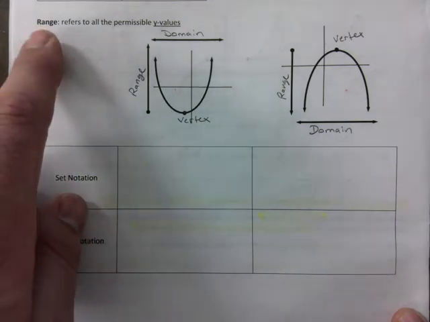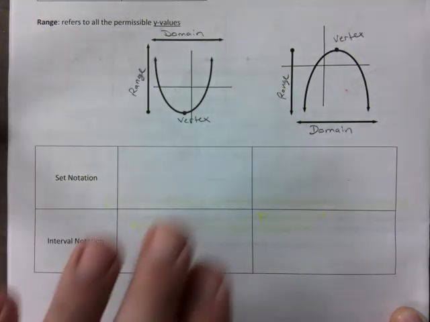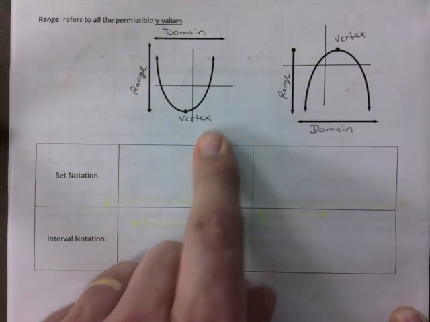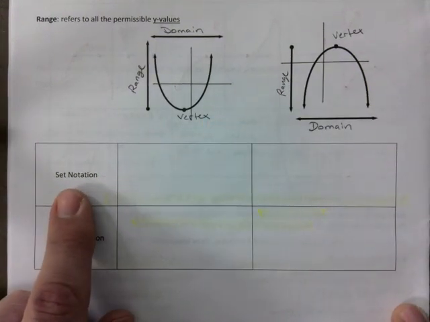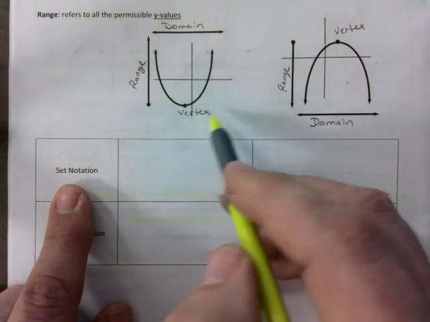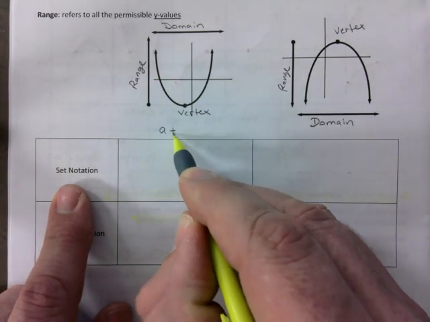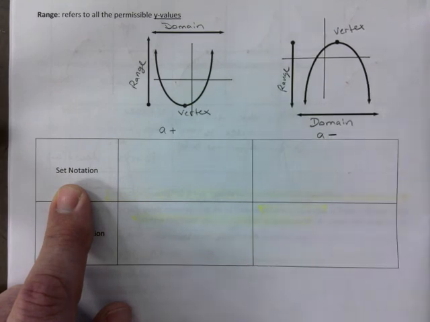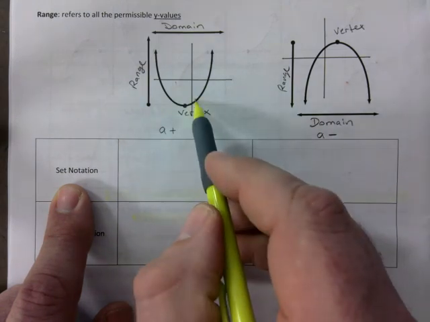However, if you're talking range, there are two different scenarios depending on where it's pointing, okay? Here A is negative, right? So you can either look at the value of A, or just look at the graph itself.